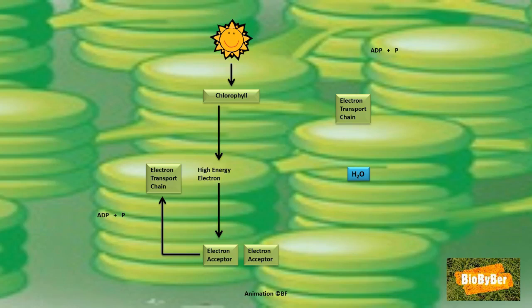The empty van, the low energy molecule ADP. So the ADP will pick up the energy released by the energized electrons and be converted into the high energy molecule ATP. And like the children exhausted from trick-or-treating, the electrons will return home to the chlorophyll, having lost their energy.